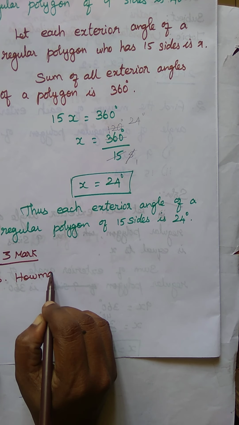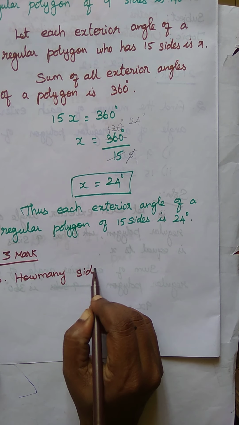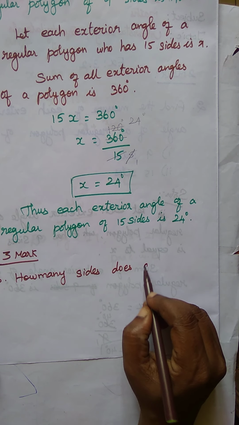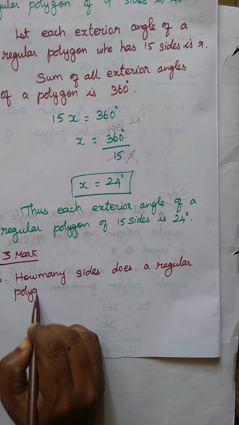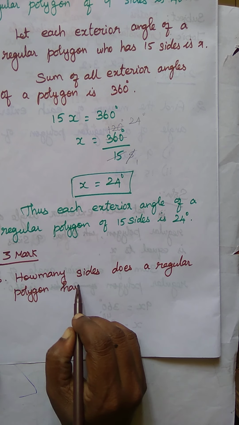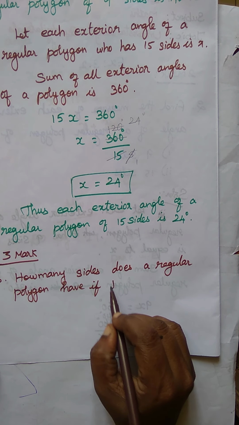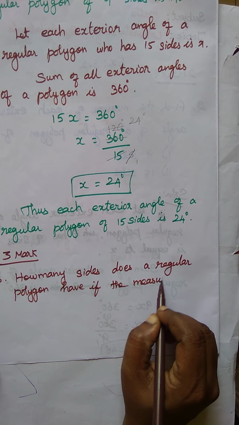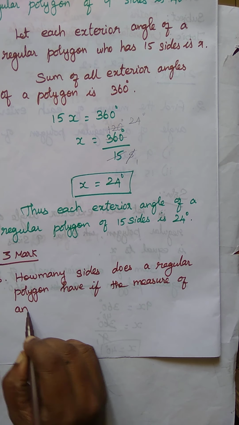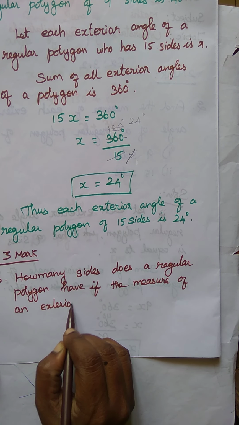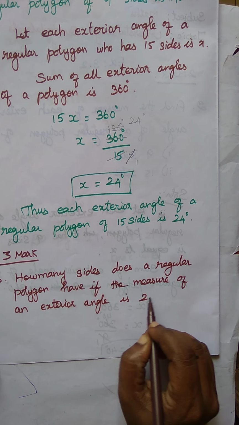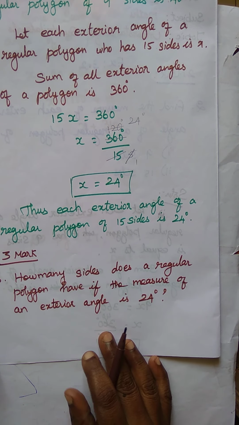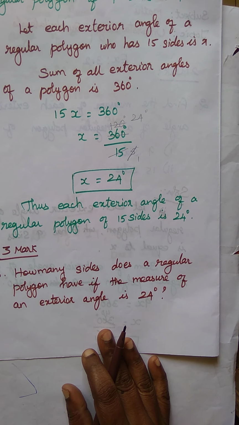How many sides does a regular polygon have if the measure of an exterior angle is 24 degree? See, how many sides does a regular polygon have if the measure of an exterior angle is 24 degree.